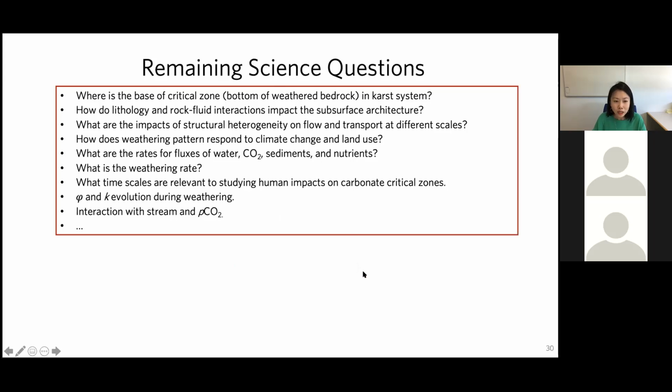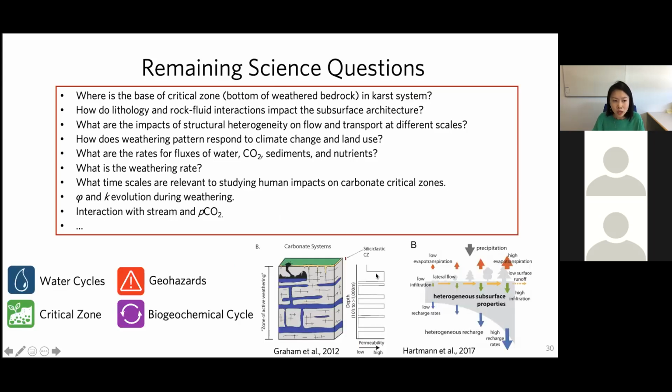And I really hope we can use geophysical tools to study these questions in the context of the water cycle, geohazards, critical zone, and biogeochemical cycles. And I hope someday we can have a very detailed understanding of such a heterogeneous carbonate system in order for us to build more sophisticated critical zone climate models.